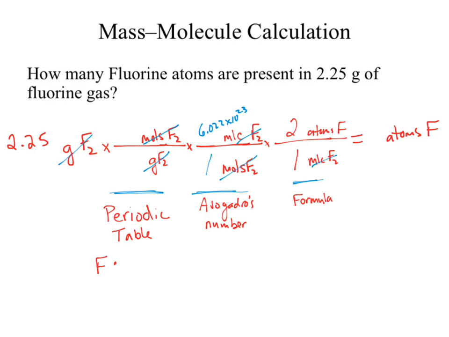Fluorine has what mass? 19. How do we get it to F2? Multiply by 2. That gives us the number of 38, but what are our units? 38 grams per mole. Where do I put my numbers in?